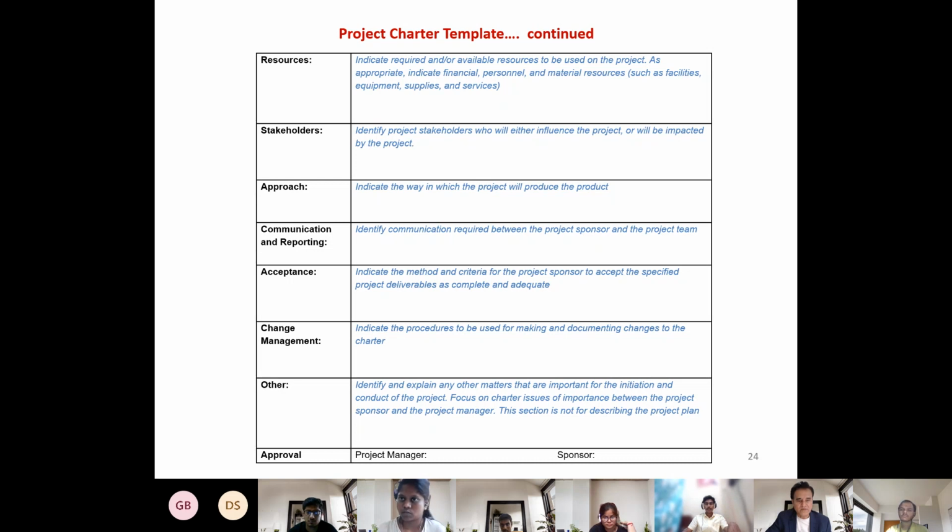Okay, stakeholder. Already the professor has given it in the stakeholder slide. You will see there are investor, there are government, there are customers. So those are the stakeholders. So you can say these are the stakeholders for the project, and we will be taking care of each and everyone's needs and expectations.